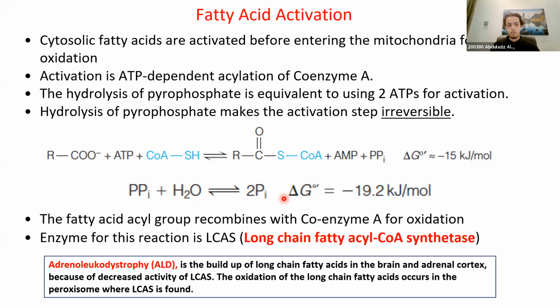I hope this makes sense. Did everyone get this? Does it make sense? Again, the enzyme used for this reaction is long-chain fatty acyl CoA synthetase.